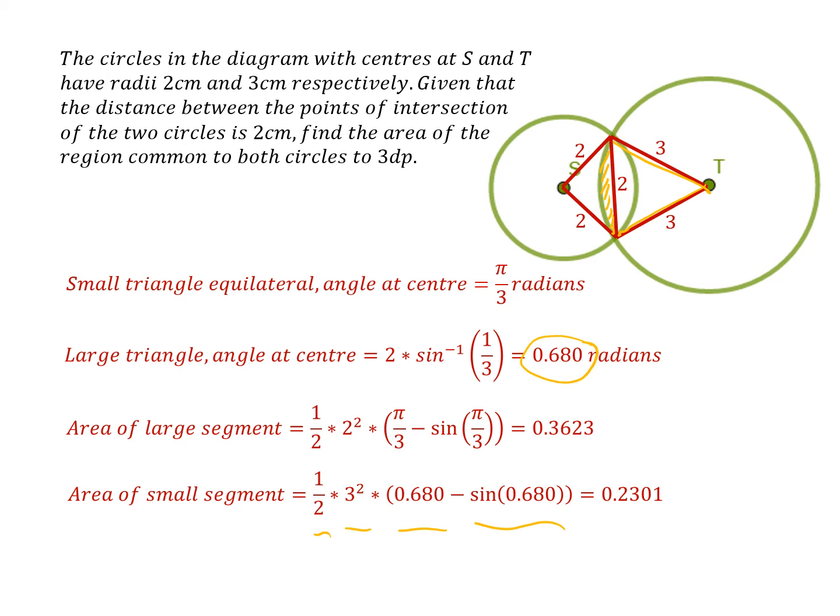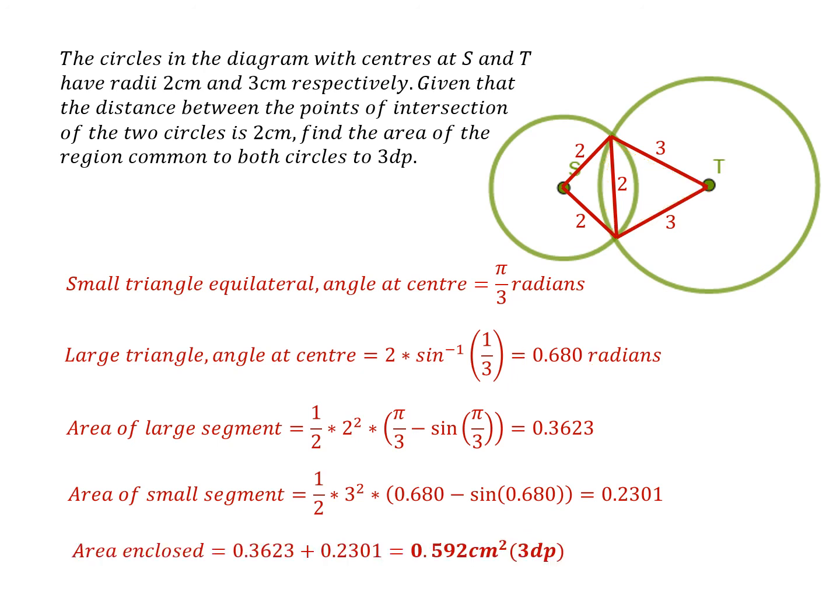Although I've only written 0.680, I've actually used the unrounded number so that this number here is correct to 4 significant figures. So then when I find the area common to both circles, I can confidently add those two numbers together and get my correct answer rounded properly to 3 decimal places or 3 significant figures, whichever you prefer.